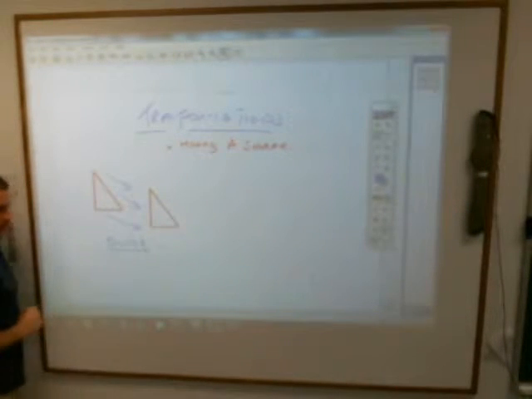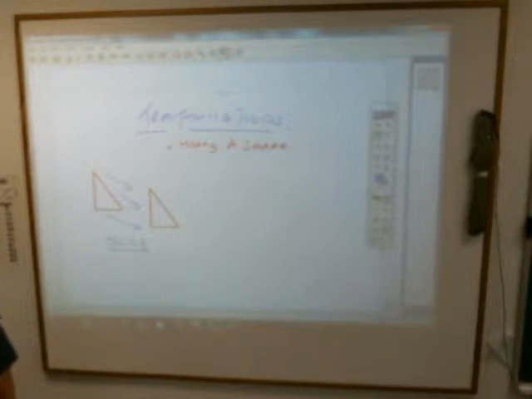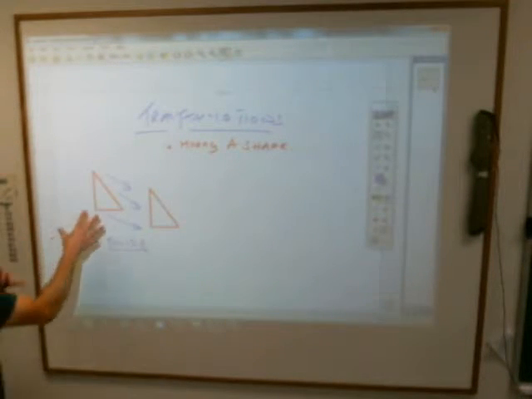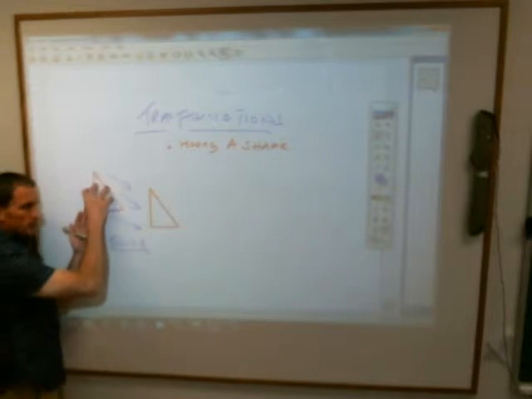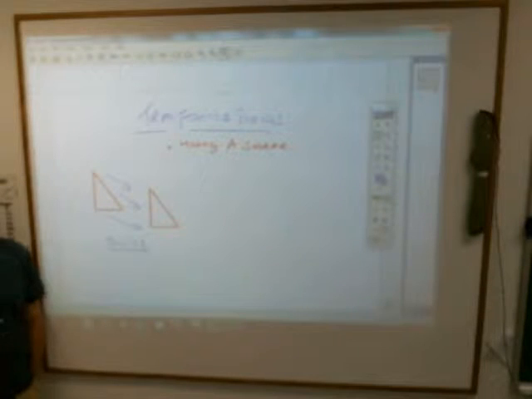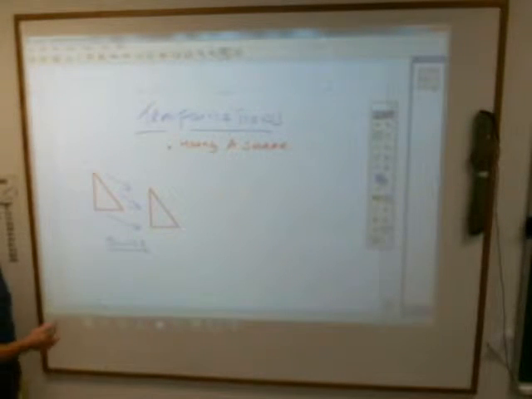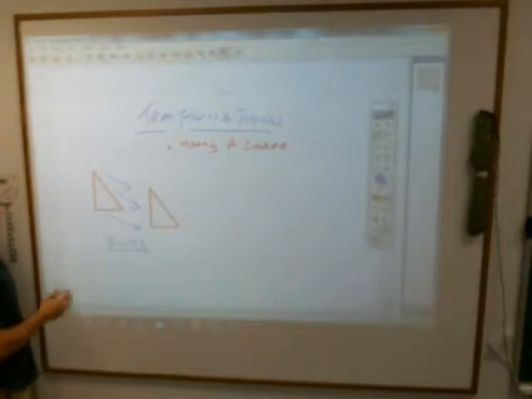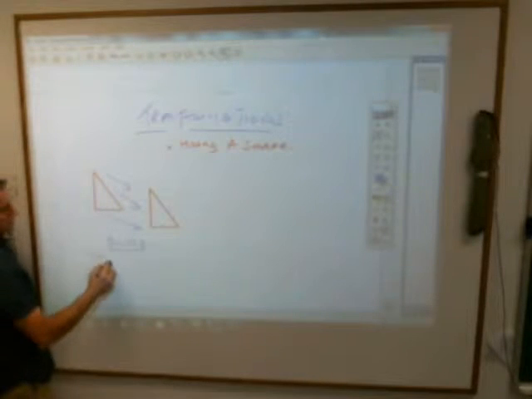But obviously, slide does not sound mathematical enough. So somebody had to come up with a mathematical word that means slide. Notice it didn't turn, spin, do anything there. It just went and you kind of dragged it from one place to another. The real word that we have to use in math is a translation.